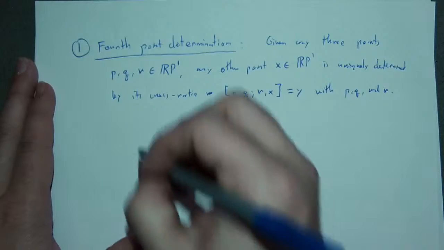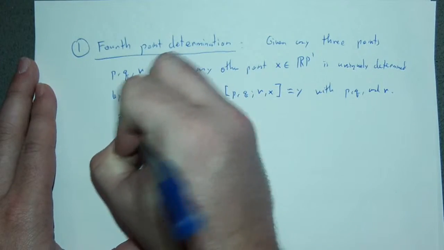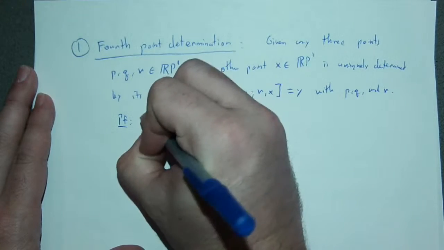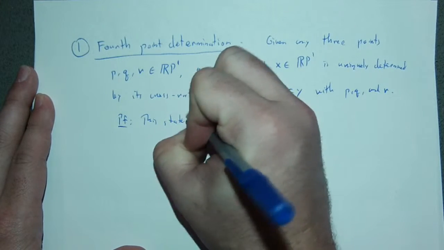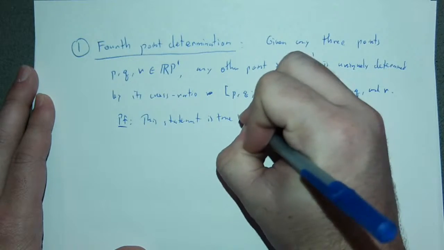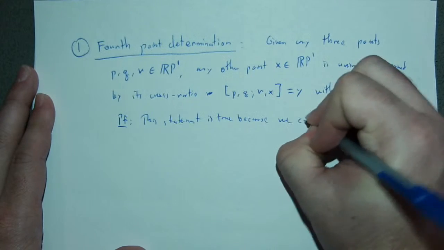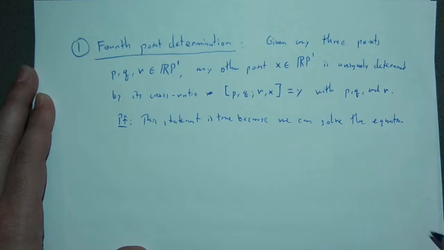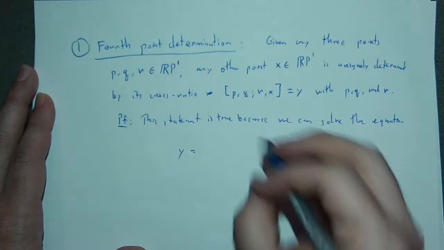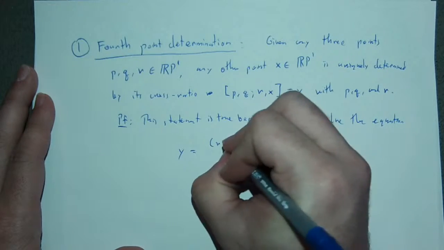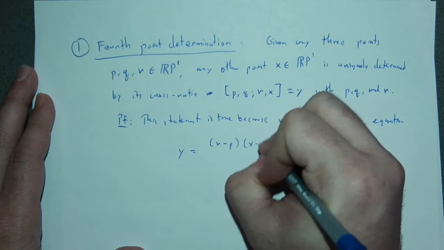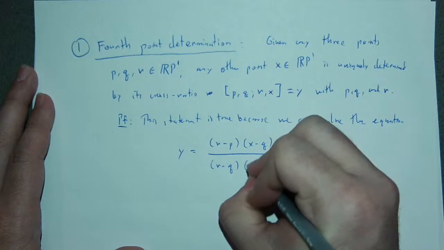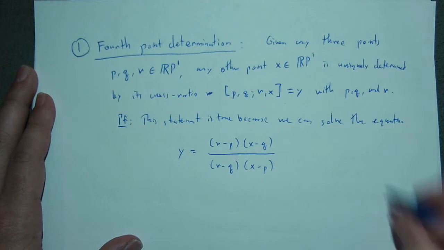Okay, so why is this true? So a quick proof of this. This turns out to be a pretty simple thing to prove. This statement is true because we can solve the equation y is equal to, I'm just going to write out the cross ratio here, so y is equal to (r minus p)(x minus q) over (r minus q)(x minus p), uniquely for x.